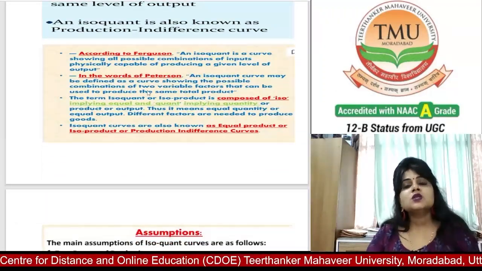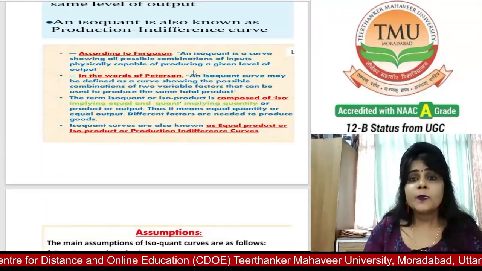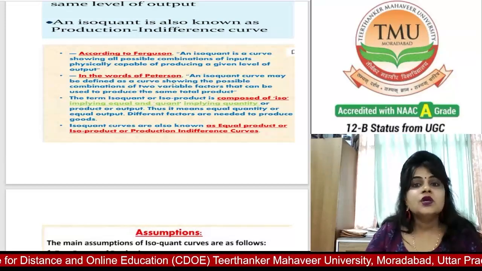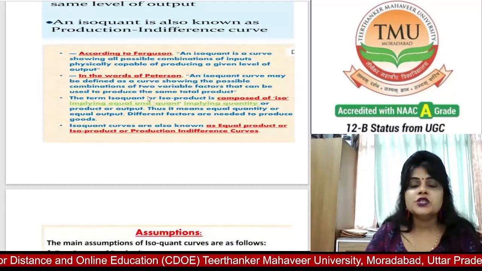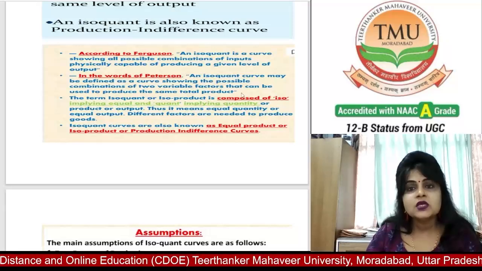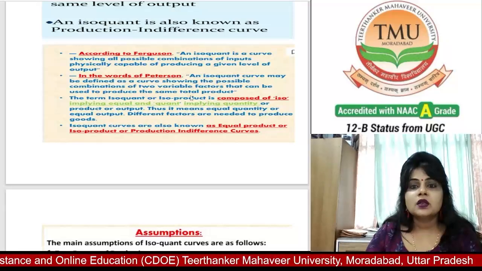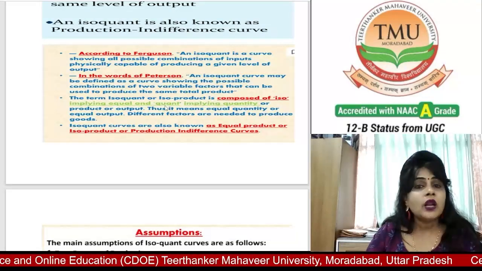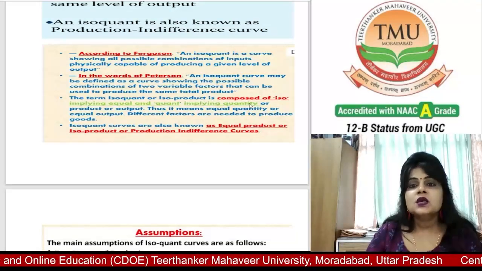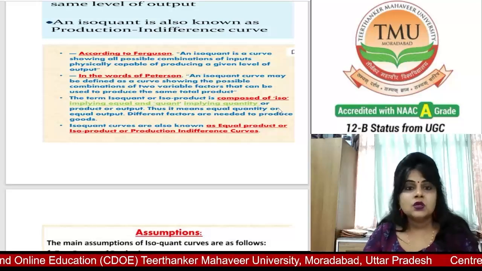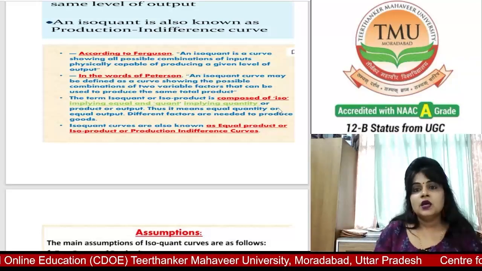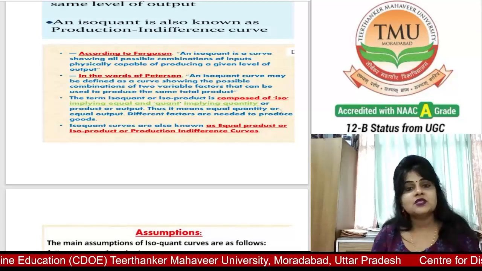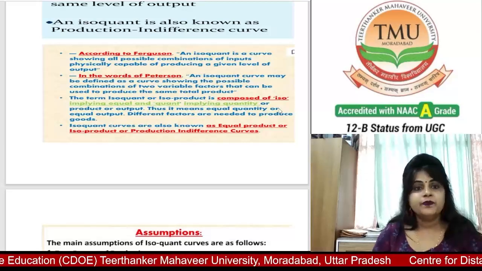And in the words of Peterson, an isoquant curve may be defined as a curve showing the possible combinations of two variable factors that can give the same output. The term isoquant or iso product is composed of iso, so isoquant shows the different combinations of variable factors that give the same level of production.